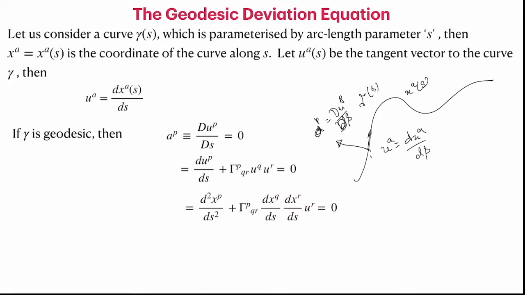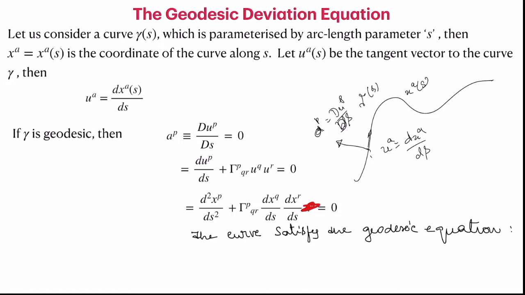That should not be u^r here; it is not needed. That is what we have, equal to 0 for geodesic motion. The curve satisfies the geodesic equation of motion. So this is what it says.